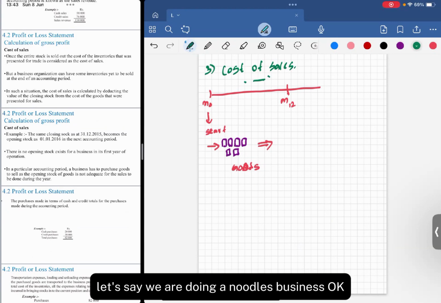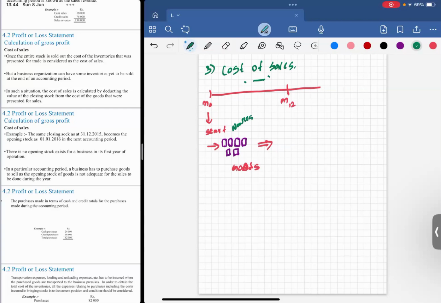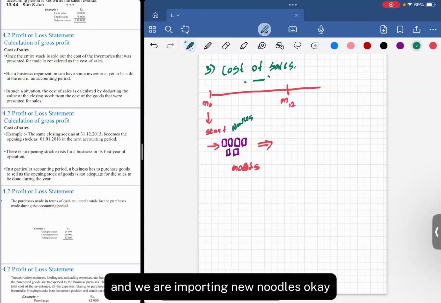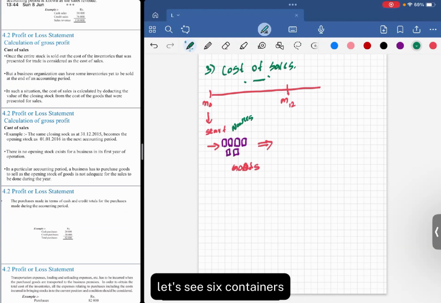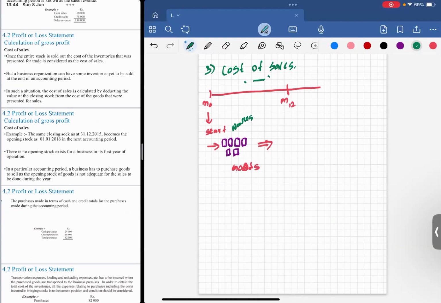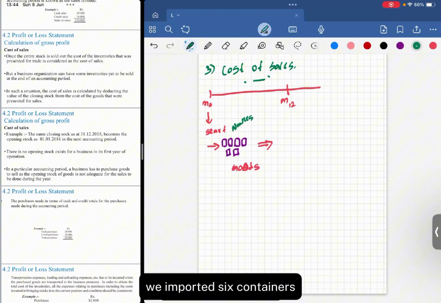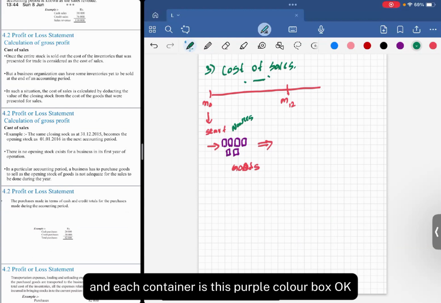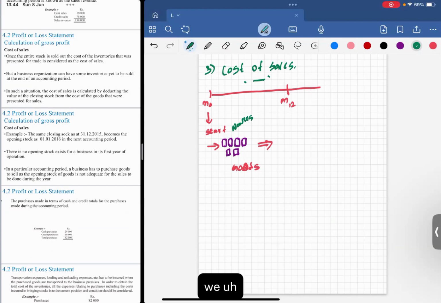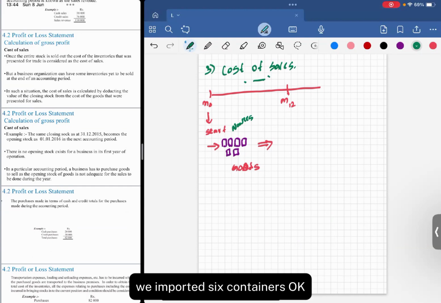Let's say we are doing a noodles business, and we are importing new noodles. So in the year 0 or in the month 0, as we start the business, we imported, let's say, 6 containers, and each container is this purple color box. We imported 6 containers.